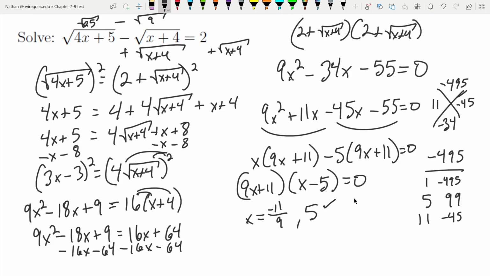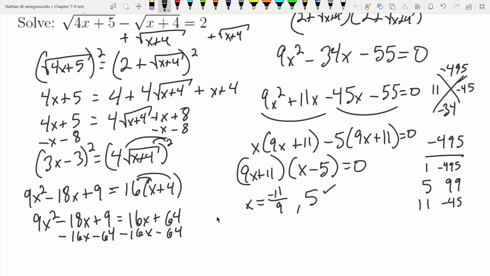So I know 5 checks out, which means I need to check negative 11 over 9. Now this is a fraction, so I'm going to do a little bit more in depth here. So I'm going to do the square root of 4 times negative 11 over 9, plus 5. I need to have a denominator of 9, so 5 times 9 over 9 is 45 over 9, minus the square root of negative 11 over 9, plus 4. 4 needs to be over 9, so I'm going to multiply by 9 over 9.